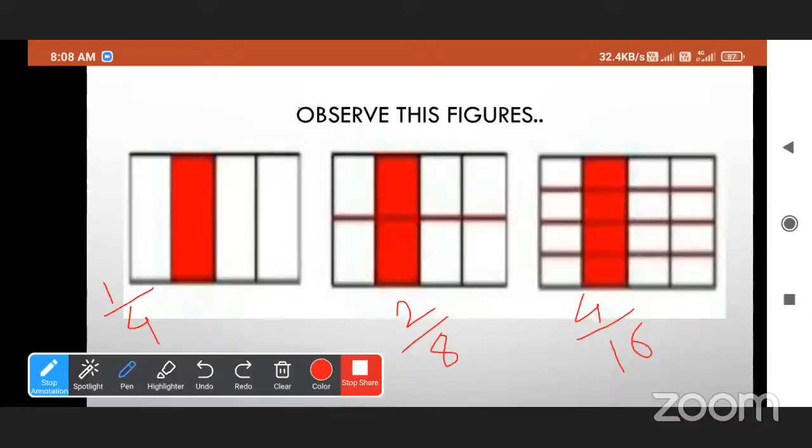Now see, if we simplify the two fractions from the second figure and the third figure, what do we get?